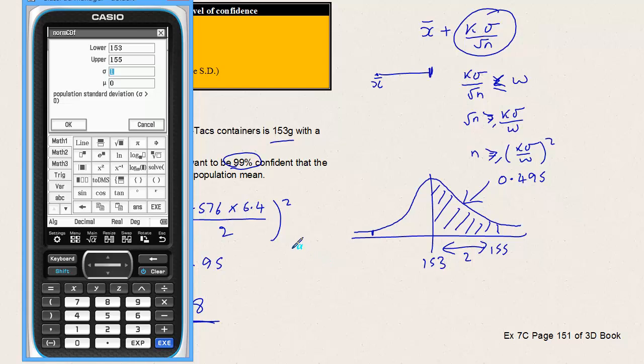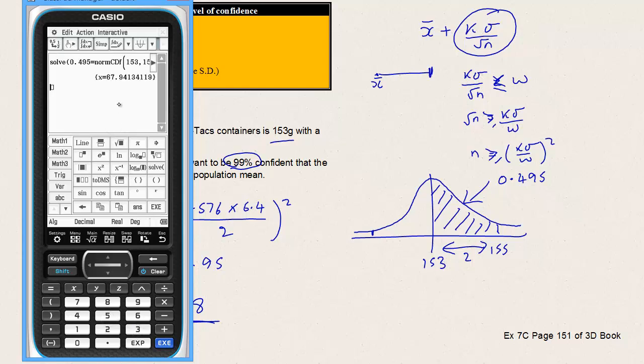The sigma, we know that 6.4 is the standard deviation for a single reading, so we need to divide that by the square root of n. I'm going to use x here, and the mean is 153, and OK that, and it finds us the 67.94 again, and so we can go to 68 if we round up.